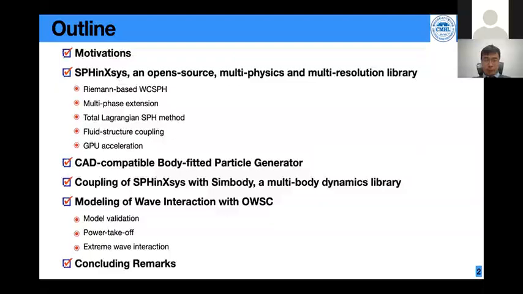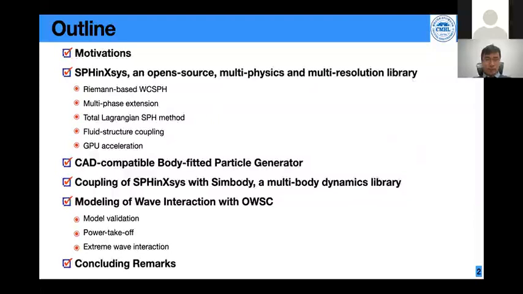So this is the outline of this presentation. First of all, I will talk about the background and the motivations. Then I will give a brief summary of the numerical principles and the validations of our open source library, SPHinXsys. Then I will introduce our newly developed CAD-compatible body-fitted particle generator.